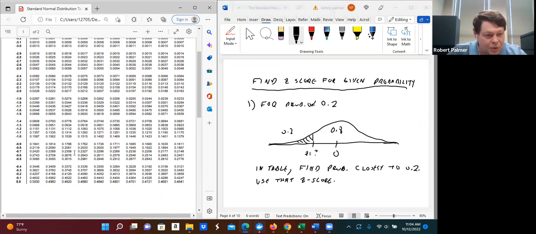So find, okay, here we go. 0.211, these are going down, 0.202, 0.2005, 0.1997. If we look right here, this should be the closest one. The closest one is 0.2005. Both of these are further away.